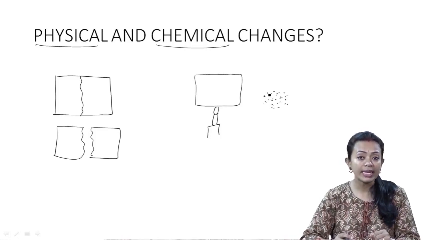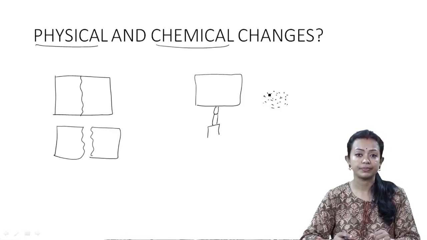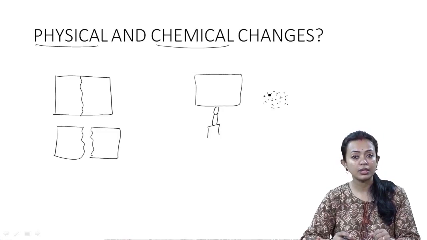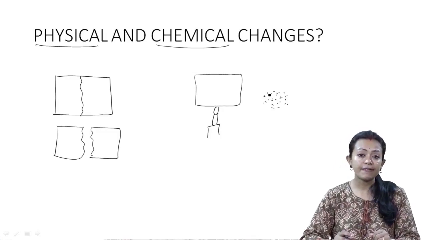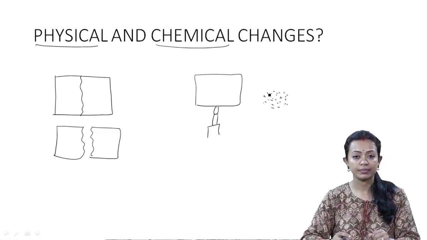It is only a new substance which is formed, whose properties are absolutely different from the original. So I hope this is clear. Every chemical reaction that happens in and around us is a chemical change. Alright, so I hope you have understood the basic difference between physical and chemical changes.